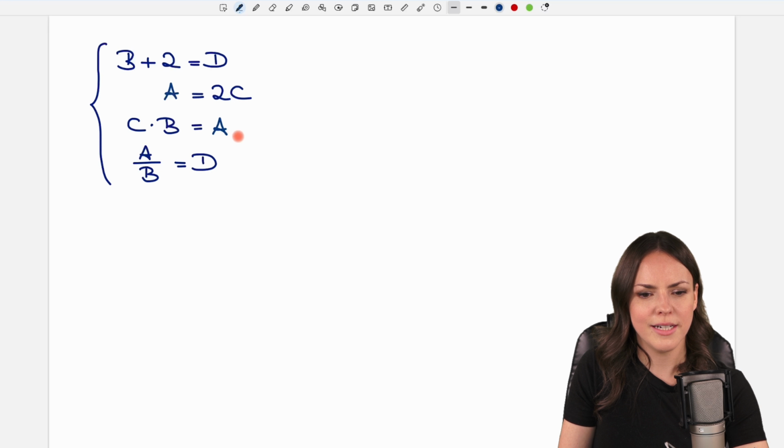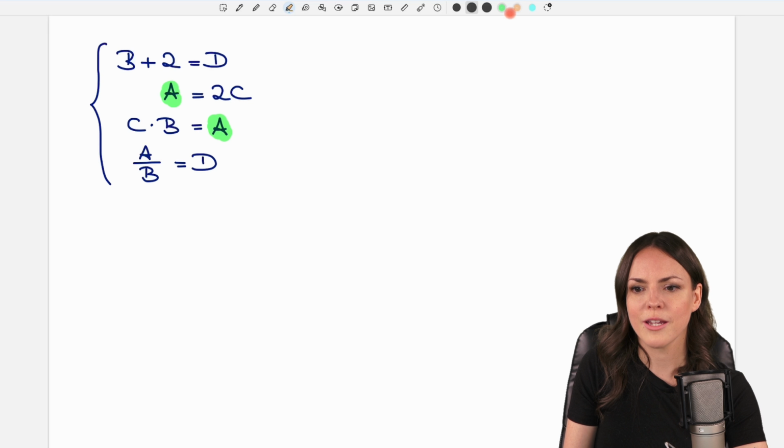Can I simplify the other equations? No, not really. They look good so far. So how can we solve this system now? If we take a look at our equations, we have A here. So this equation is solved for A, and the third equation is solved for A as well.